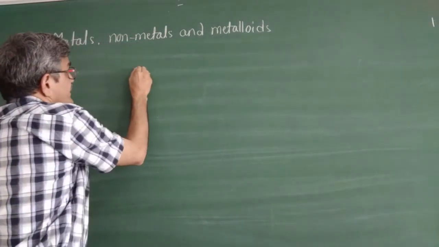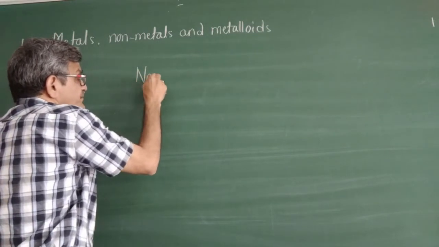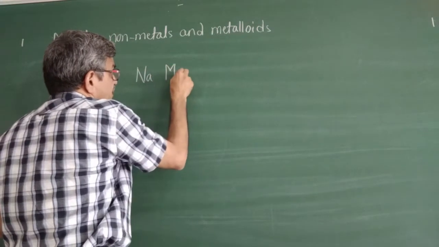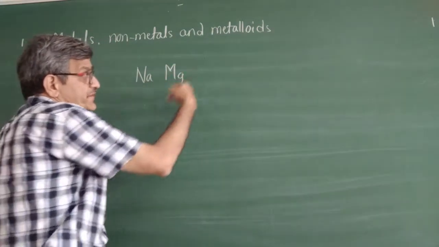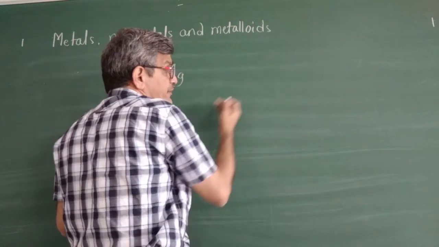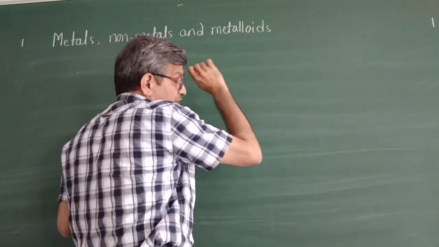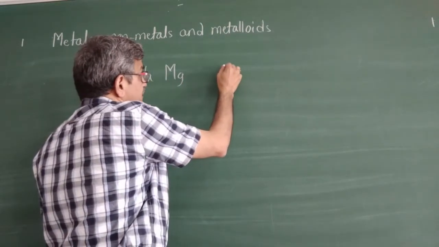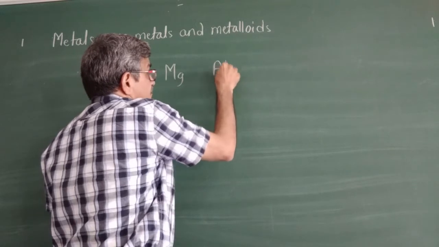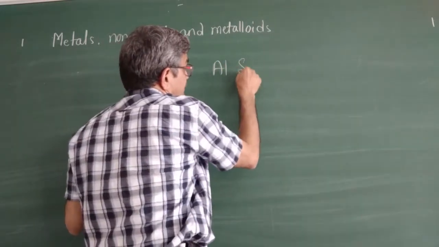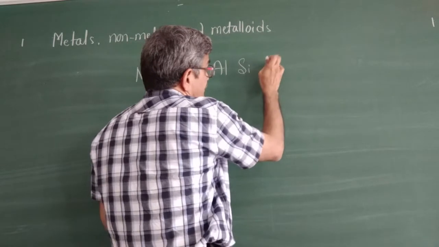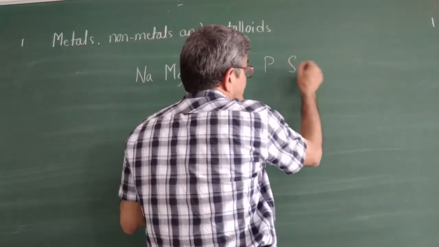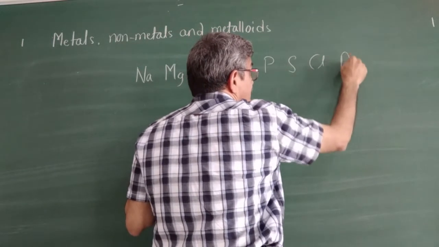For example, if I take the third period, sodium, then magnesium. These are metals. Next when you come to the P block, the next elements are boron, aluminium, then silicon, carbon, nitrogen, phosphorus, sulfur, chlorine, argon.